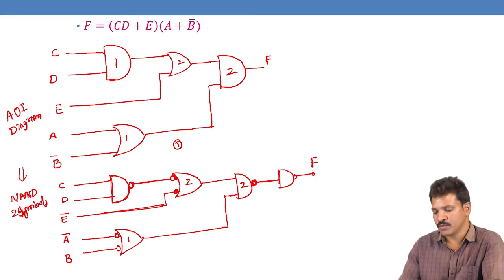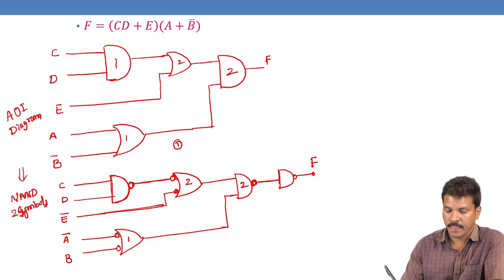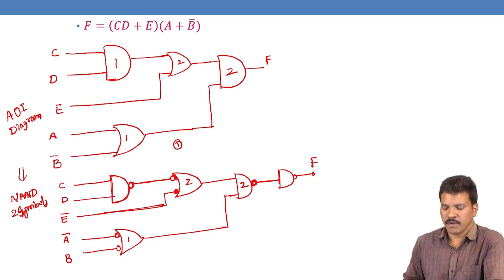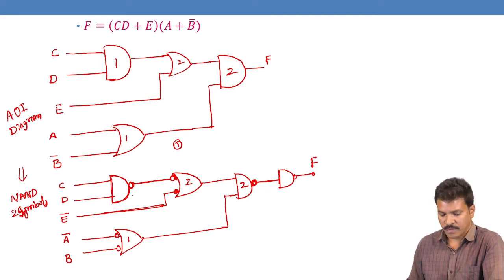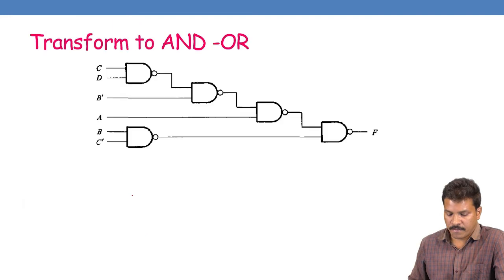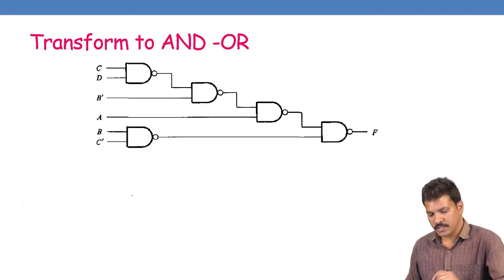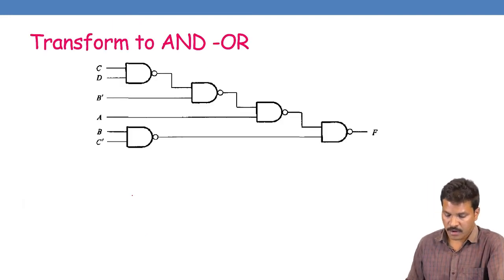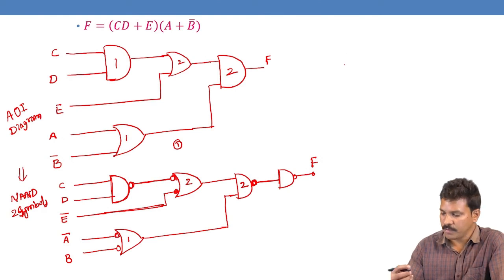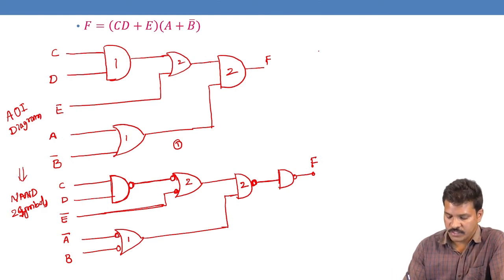And finally we can use only one symbol. We can use one symbol by replacing the OR with bubble by a simple NAND gate. Then we can draw this diagram. This is transformed into the first one, a NAND.